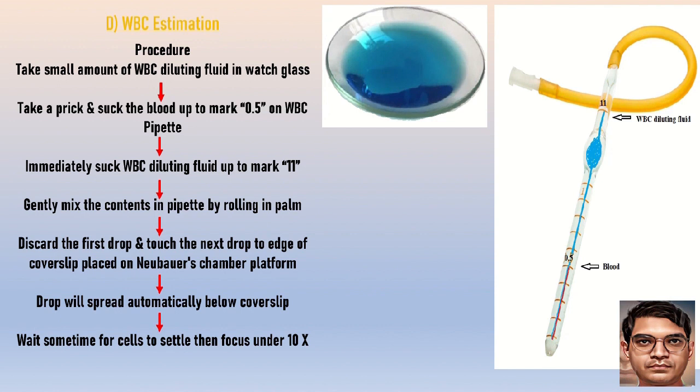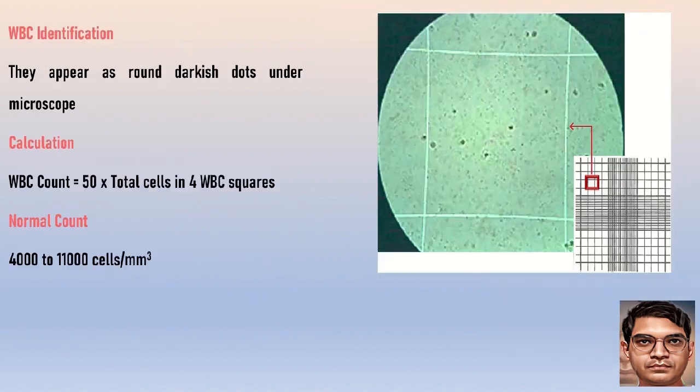As soon as the drop touches the edge of the cover slip, it will spread automatically below the cover slip. Now wait for some time for cells to settle down and then focus the Neubauer's chamber under power 10x and look for the WBCs.